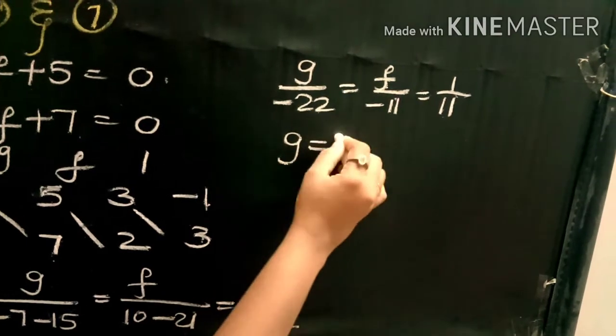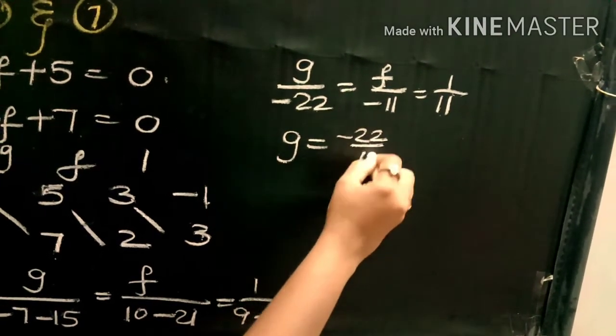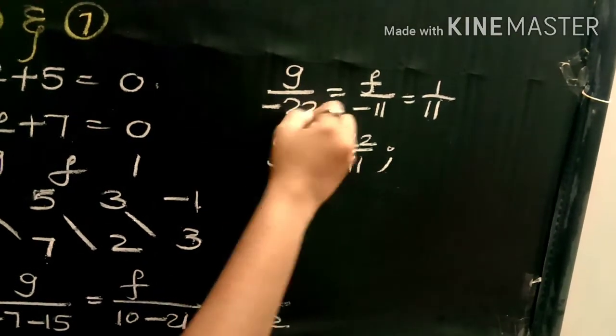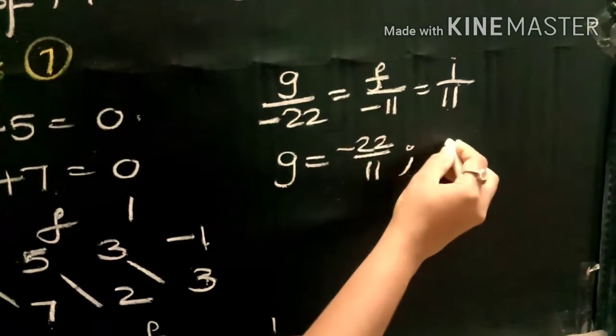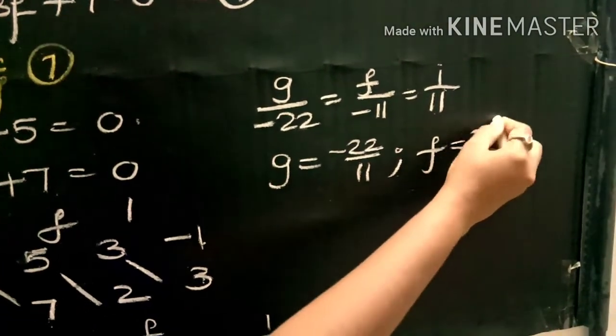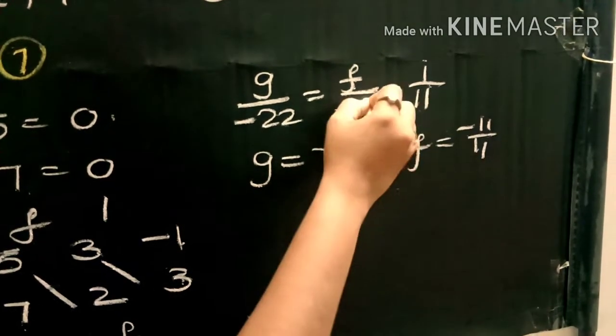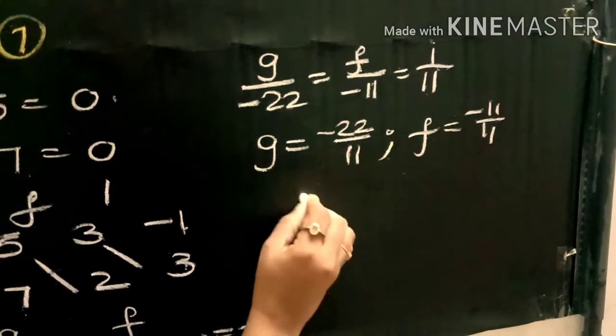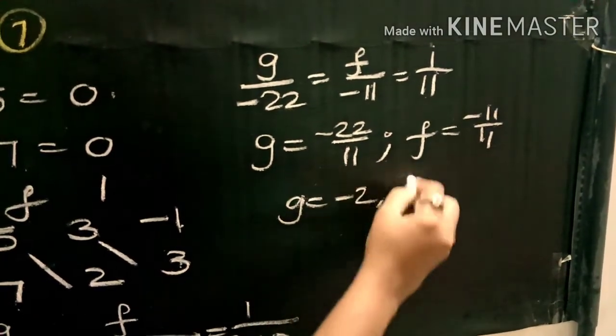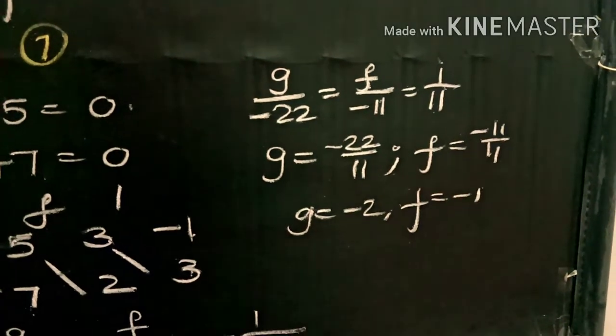That is g equals minus 22 by 11 and f equals minus 11 by 11. Therefore g equals minus 2 and f equals minus 1.